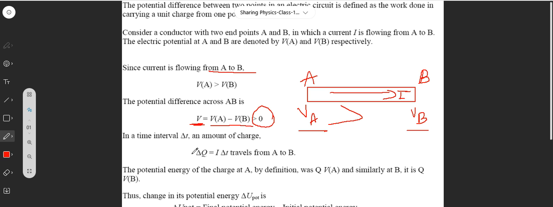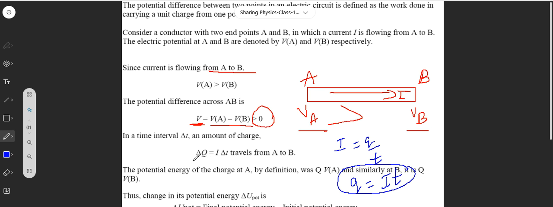Now, in a time interval delta t, what is the amount of charge which is going to flow through it? Very simple. We know that I is equal to Q by t, right? Then the amount of charge which flows in the given time will be given by Q is equal to I into t. So I into t is what we have over here.